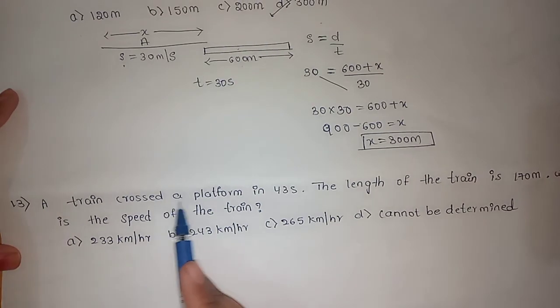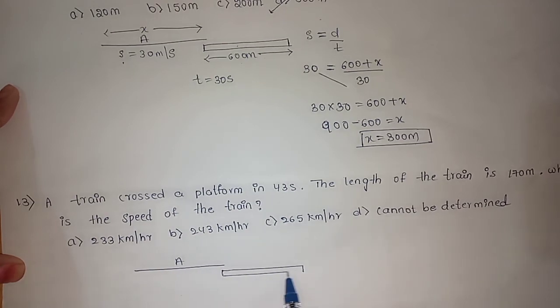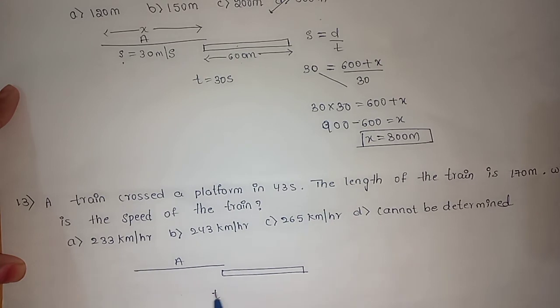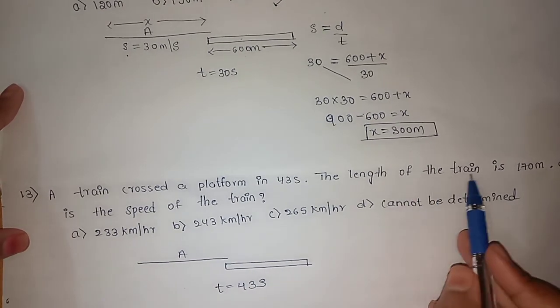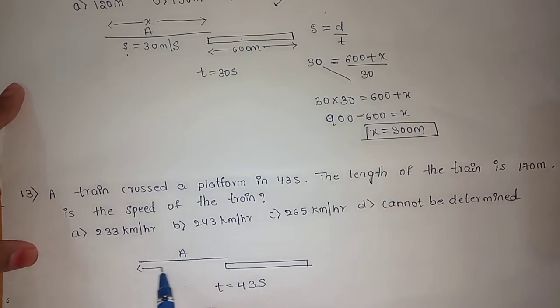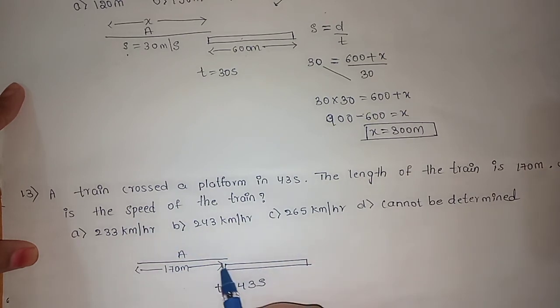Here a train crosses a platform in 43 seconds. The length of the train is 170 meter. What is the speed of the train?